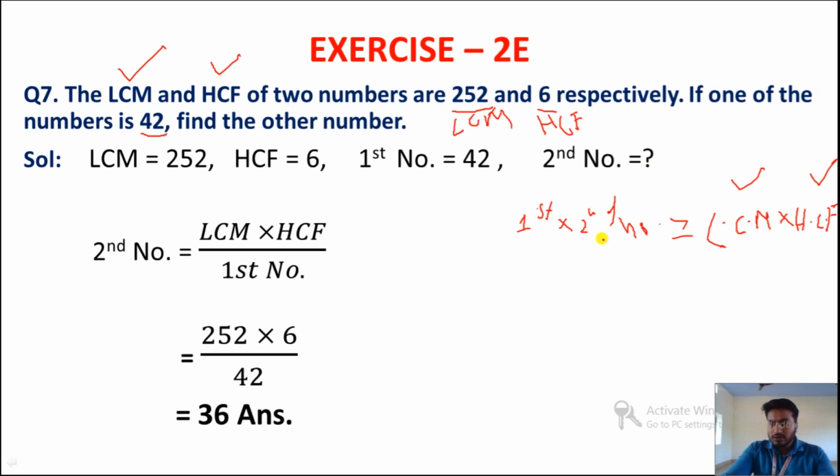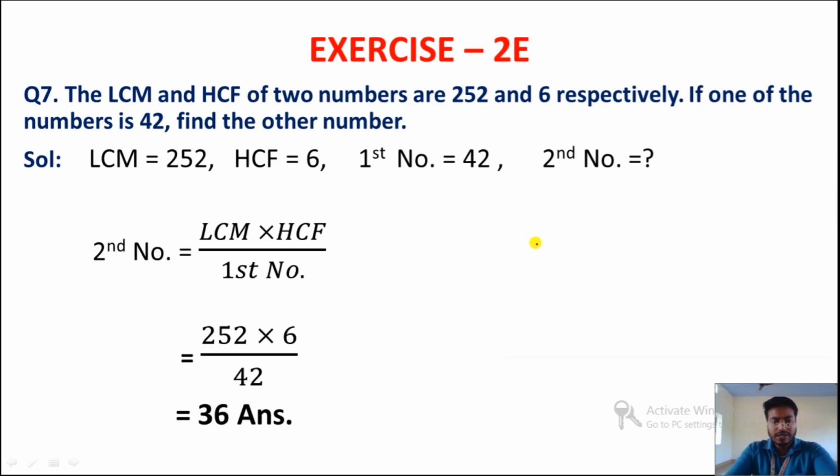Now when you have to find the second number, from the formula you need to write second number equals LCM into HCF divided by first number. This is the formula we have to use for finding the second number, because the first number we have taken here is 42. So let's put the values in the formula.